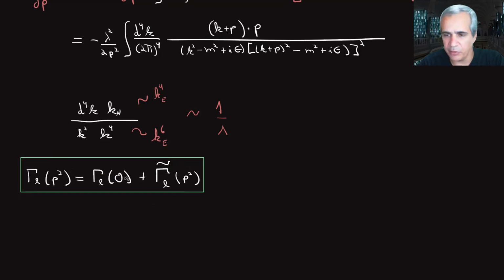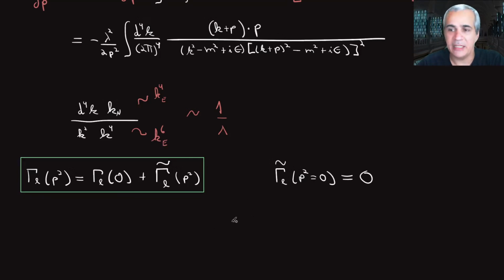The second thing you can get straight from this equation is that I can substitute p squared equal to 0 here, and you see that this needs to be equal to this, so there's a condition that this guy is 0. So the rest of the expansion needs to go to 0 as p squared goes to 0 too.